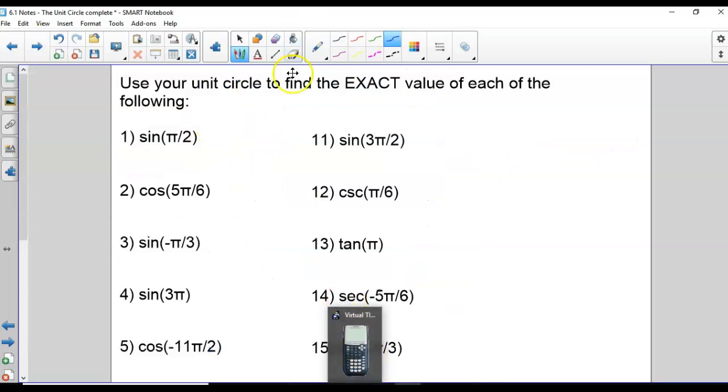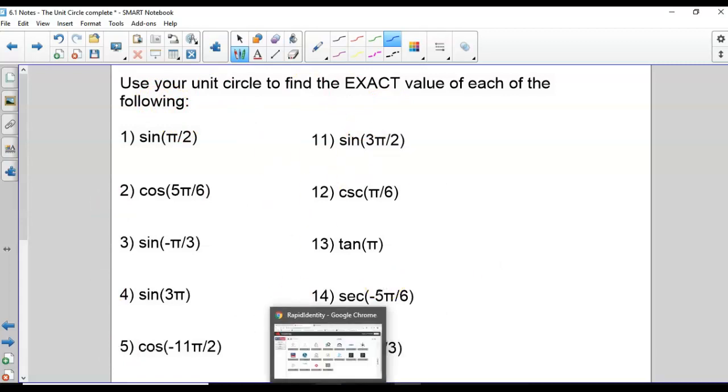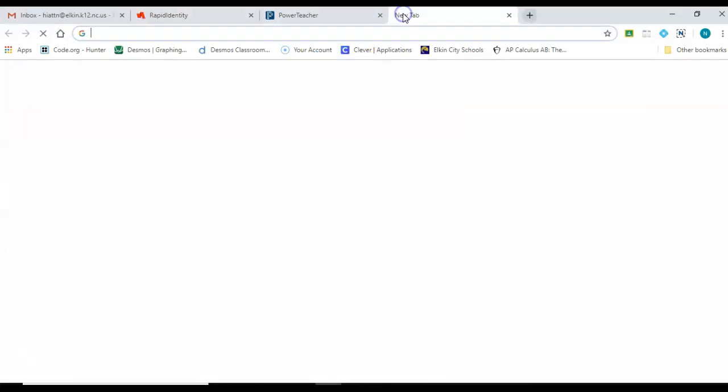So exact values of these problems right here. I am going to, let me find a unit circle real quick.